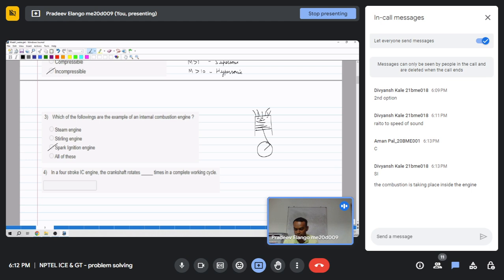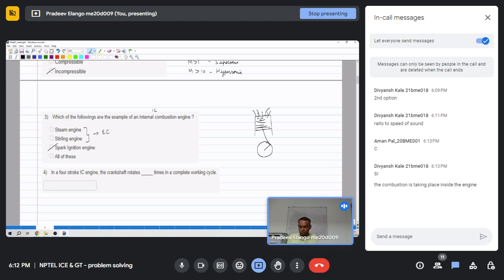But in case of steam engine, within the system there is only a fluid medium like water or steam, and in case of Stirling engine the medium is only air. So inside the engine there is only air or steam, but the combustion happens externally and heat is fed into the system. So these are called external combustion engines, or EC engines, and this is called IC engine.